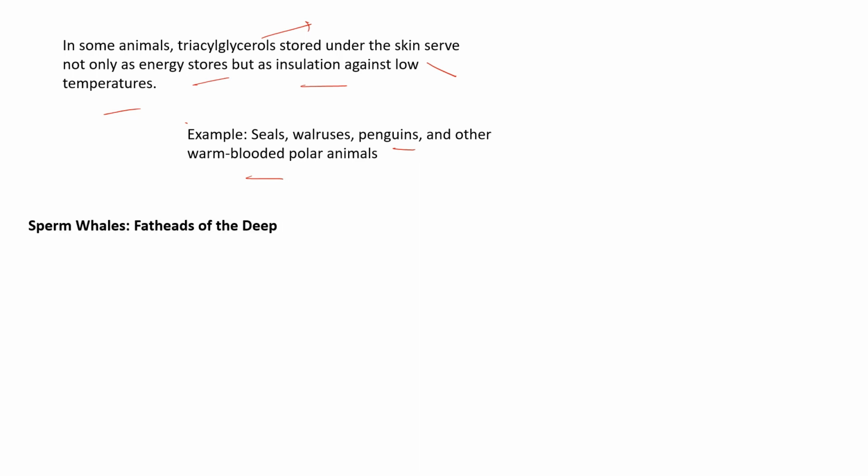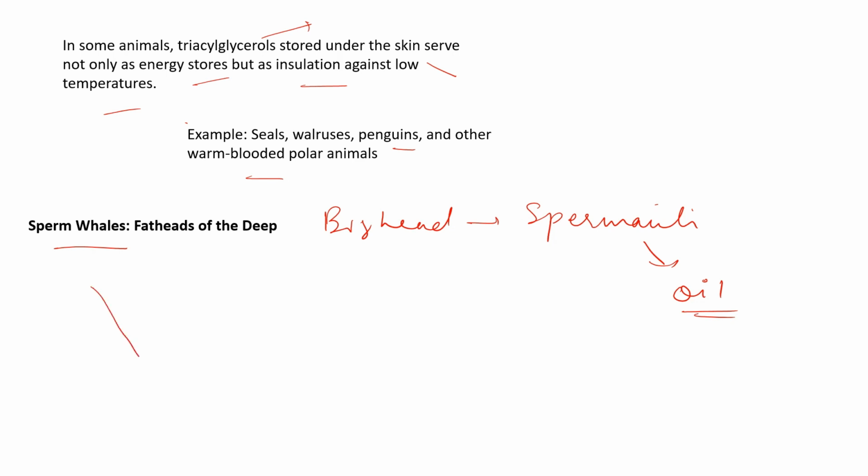Now, sperm whales. Sperm whales are known as sperm whales because they have a big head, having an organ called spermaceti. This organ stores spermaceti oil and waxes. Now, for feeding, say suppose this is the ocean surface.